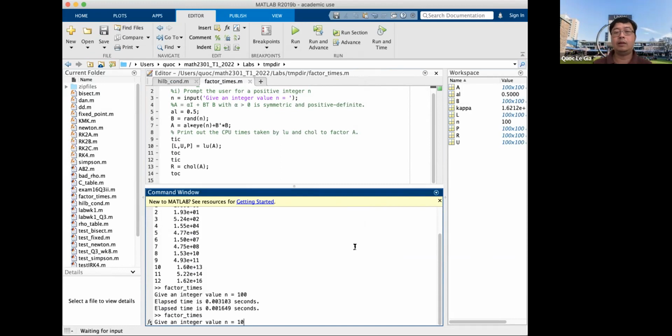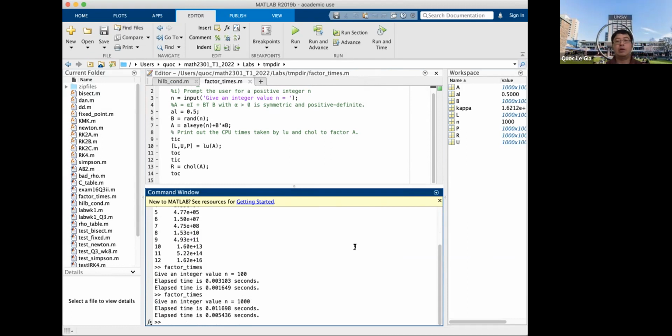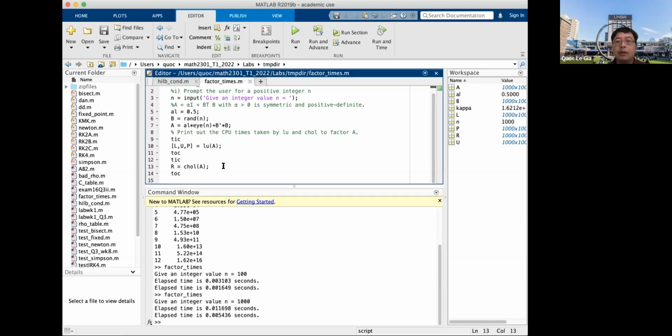If you remember the theory, Cholesky is about n cubed over 3 flops, so O(n cubed), and LU factorization is about 2n cubed over 3 flops.